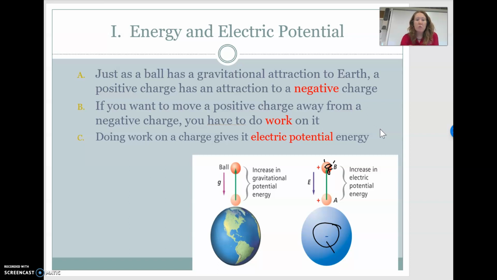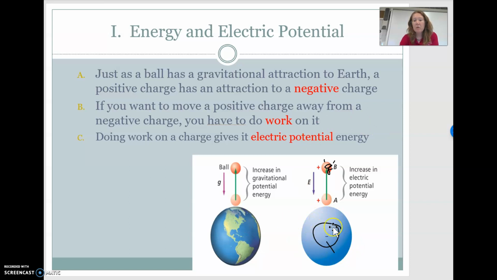And so when you separate those two, you have to do work to separate those charges. And doing that work and then holding them there gives those charges electric potential energy. There's this diagram here showing that analogy.